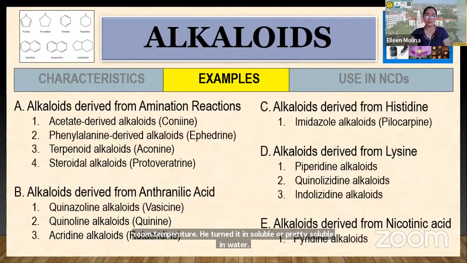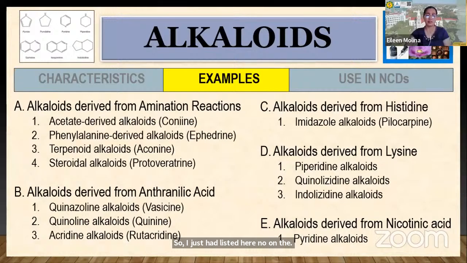So I have listed here the different examples of alkaloids. There are various schemes for the classification of alkaloids. In different references, you could look into some textbooks. They present it in various schemes, but I'd like to present to you the following, based on the ring structure, or the nucleus, or the chief alkaloid group in the plant drug, or the pathway from which these alkaloids are derived.